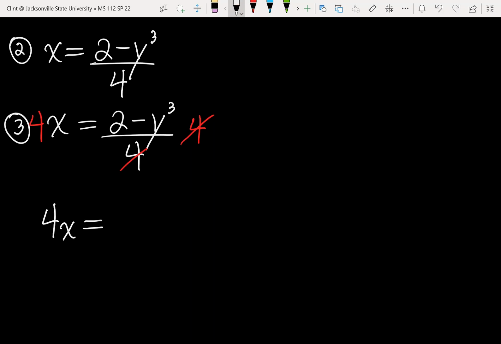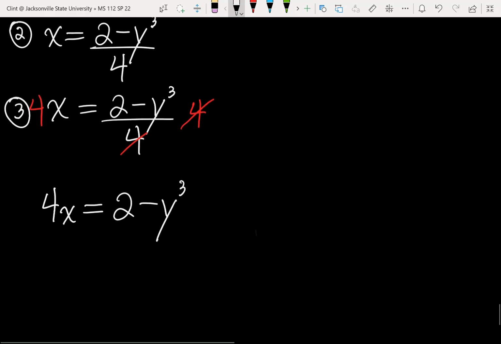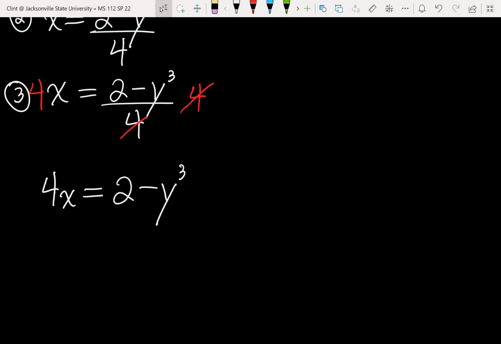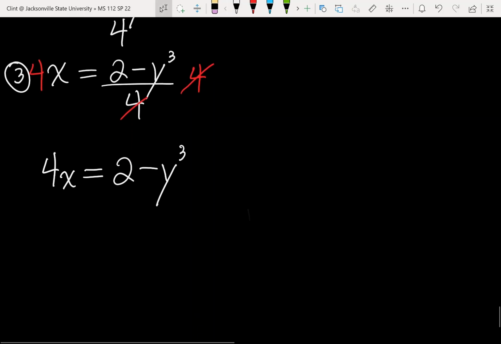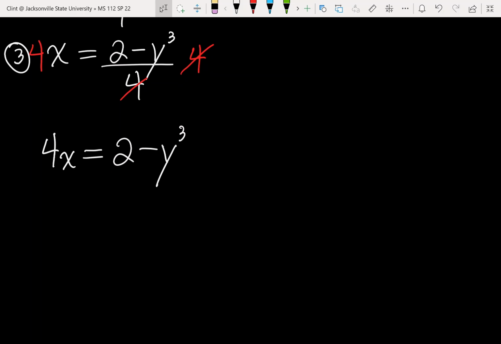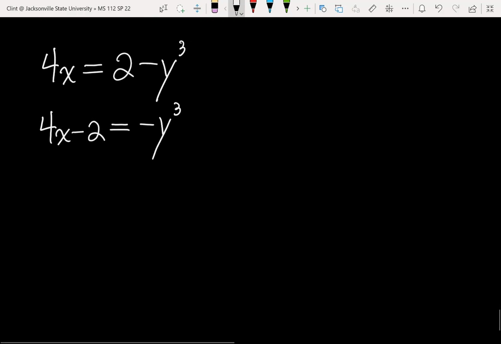Sometimes people forget about doing that. Okay, so then from there, it's not that much different from what we've done. We would subtract 2 from both sides. Really, there are 2 ways we could go about this, since it's an odd power.